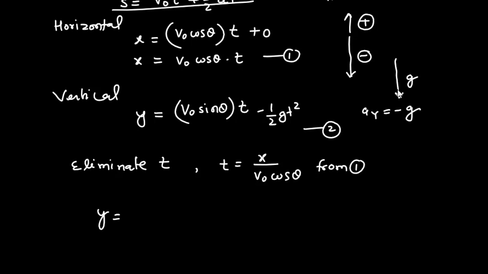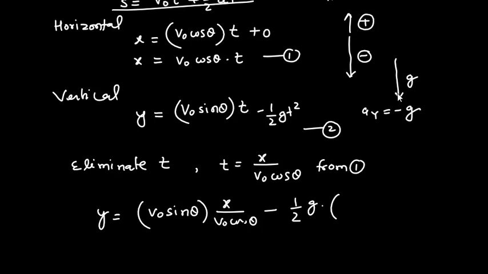So y is equal to v naught sine theta times x upon v naught cos theta, minus half g times t square, which means x upon v naught cos theta whole square.